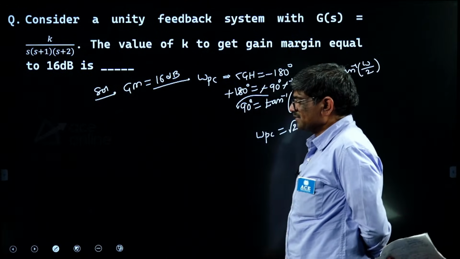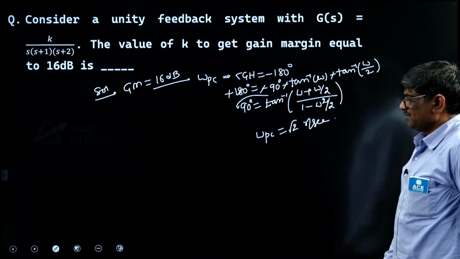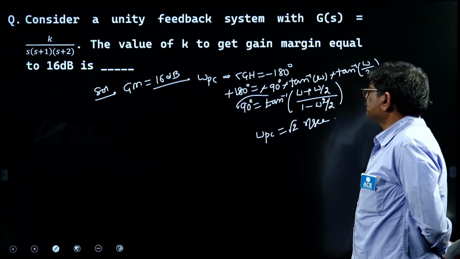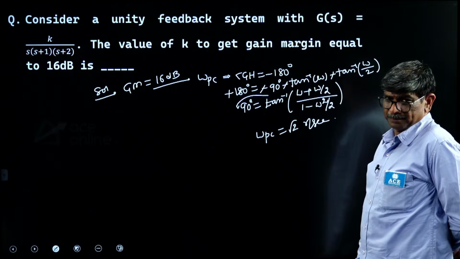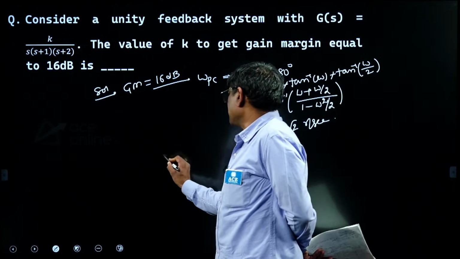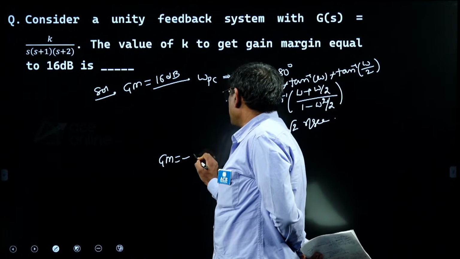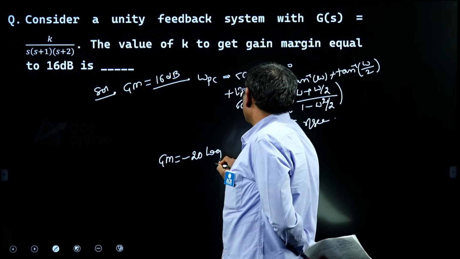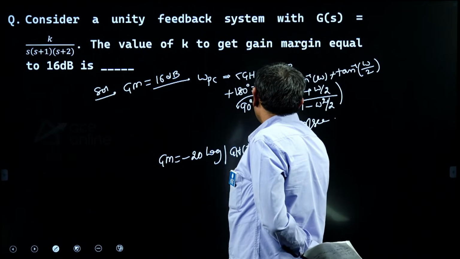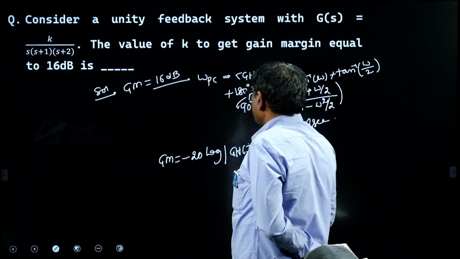Anybody answer? Use the gain margin formula: minus 20 log of magnitude of GH of j omega at omega PC.